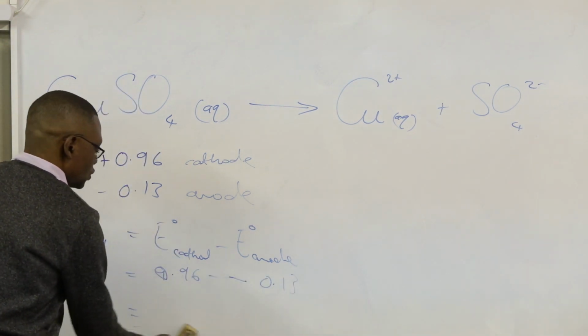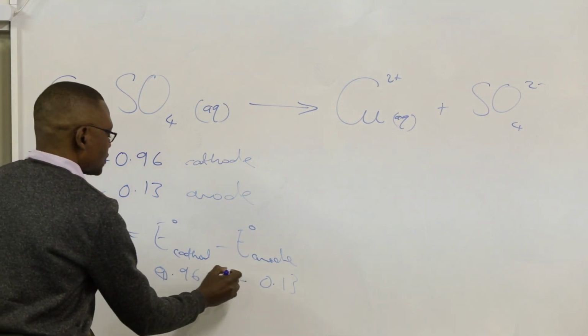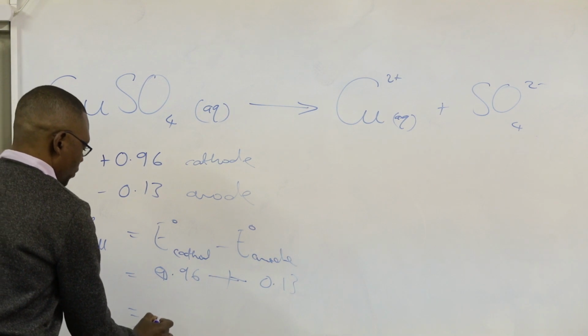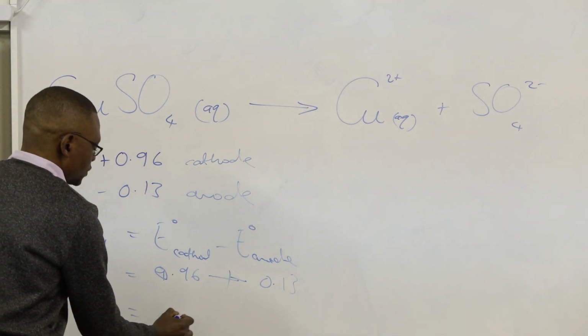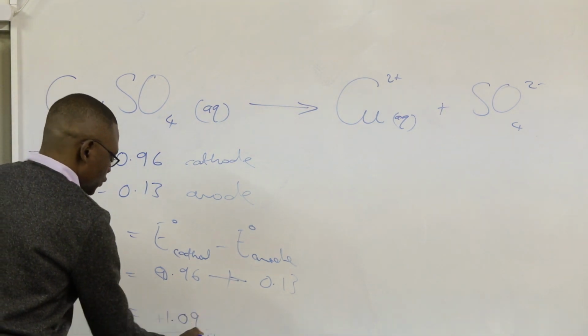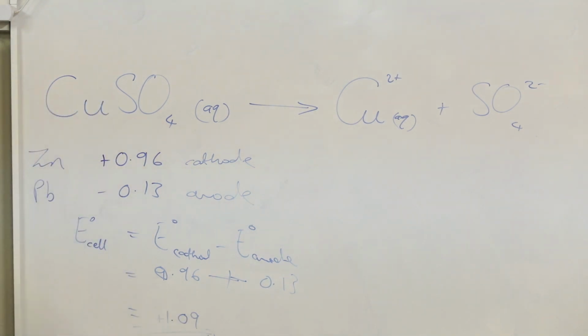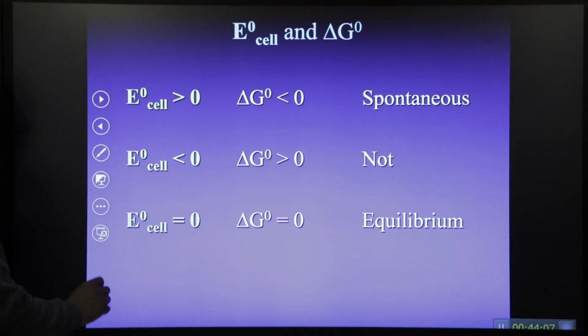So if you add this, this becomes a plus. When you add this, it will give you plus 1.09. So you see that a plus 1.09 is greater than 0. For that reason, it becomes a spontaneous reaction.